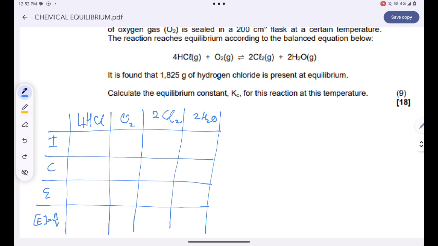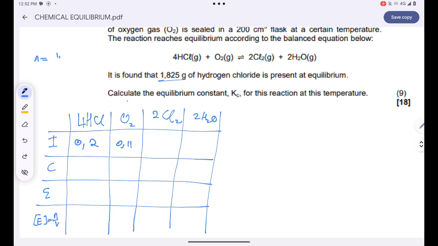We were given 0.2 moles of hydrogen chloride and then 0.11 moles of oxygen. And then we are told that the mass of hydrogen chloride at equilibrium is 1.825. So we can simply find the number of moles at equilibrium.